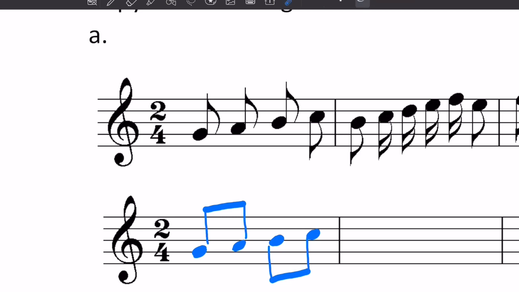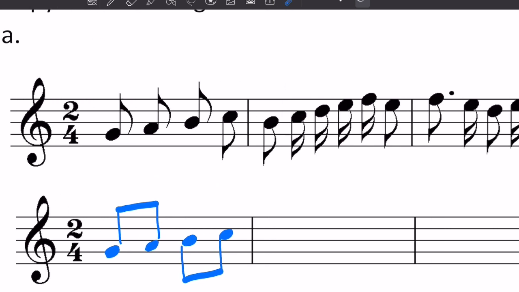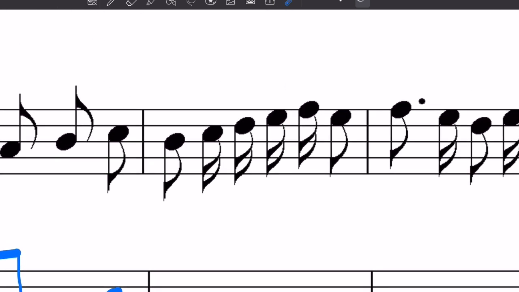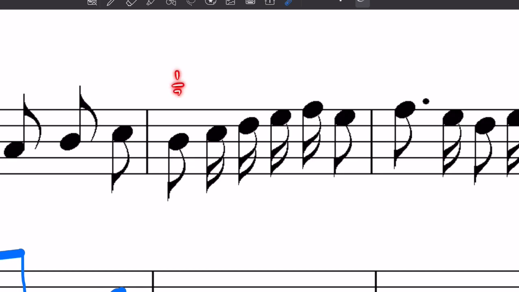So that's how I would draw my first measure. Notice that I've grouped these by the beats that I see in my measure. So I have beat number 1 and beat number 2. You'll do the same in measure number 2. Now we'll need to know that we have half a beat, a quarter of a beat, and a quarter of a beat, all totaling 1 beat.